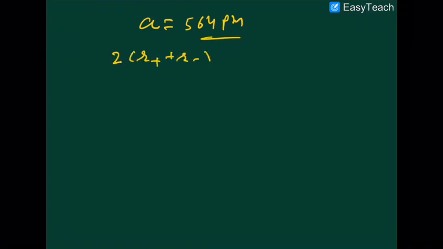So A comes out to be how much? So A comes out to be 564 picometer in this case. Are you sure about that? Clear? So I told you already, this value is equal to 2 times R plus plus R minus, which is 564 into 10 power minus 12 meter.